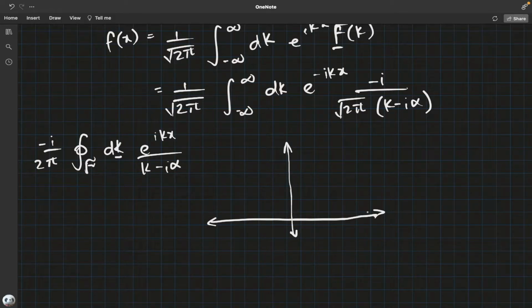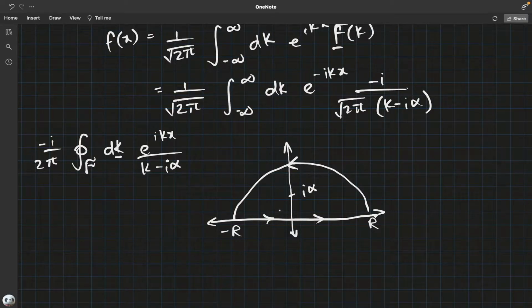So our contour was like this, from r to negative r, and then you took the limit as r went to infinity. That's just classic contour integration. There's an entire playlist about this. We talked about this in a complex analysis part before. And we have a pole at i alpha here.